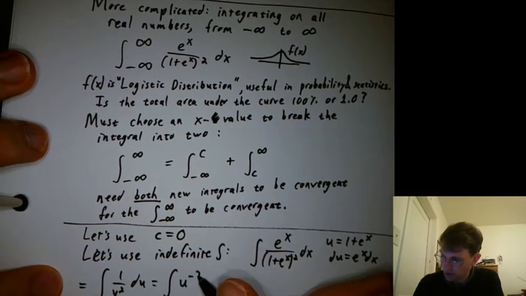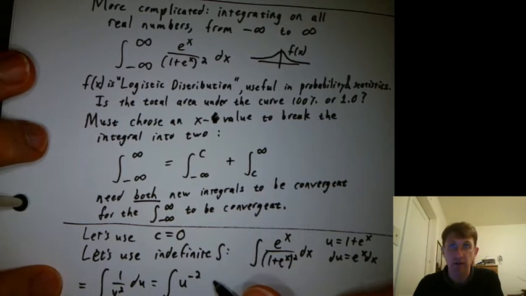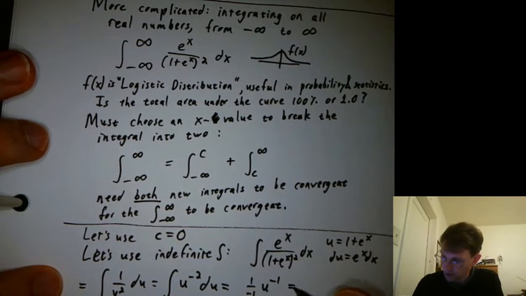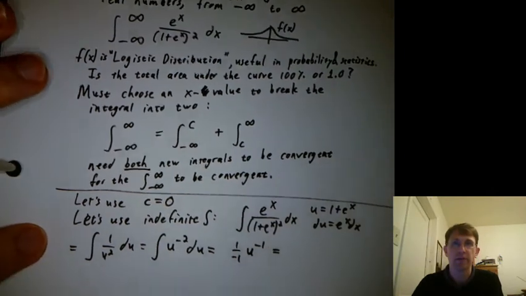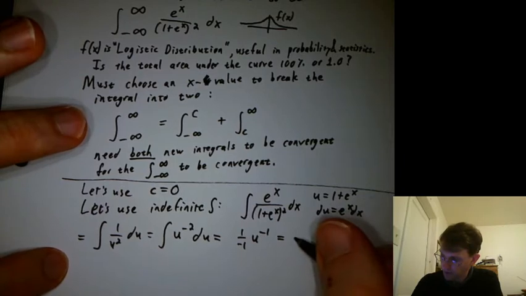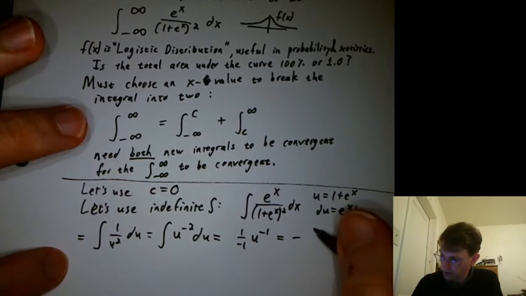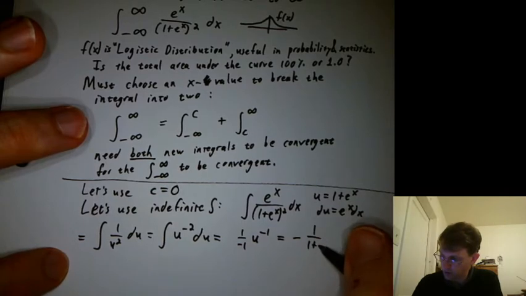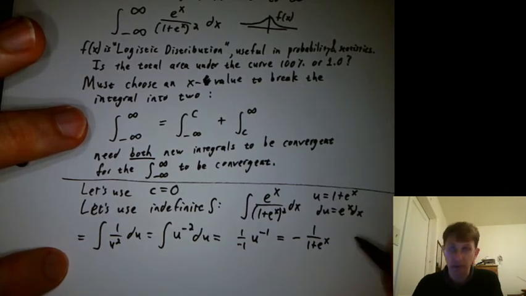We can write 1 over u squared as u to the negative 2. And then take the integral, you get 1 over minus 1 u to the negative 1. We're going to ignore the plus c because we're going to be plugging in stuff later. We'll simplify that, and we get 1 over 1 plus e to the x, with a minus sign.